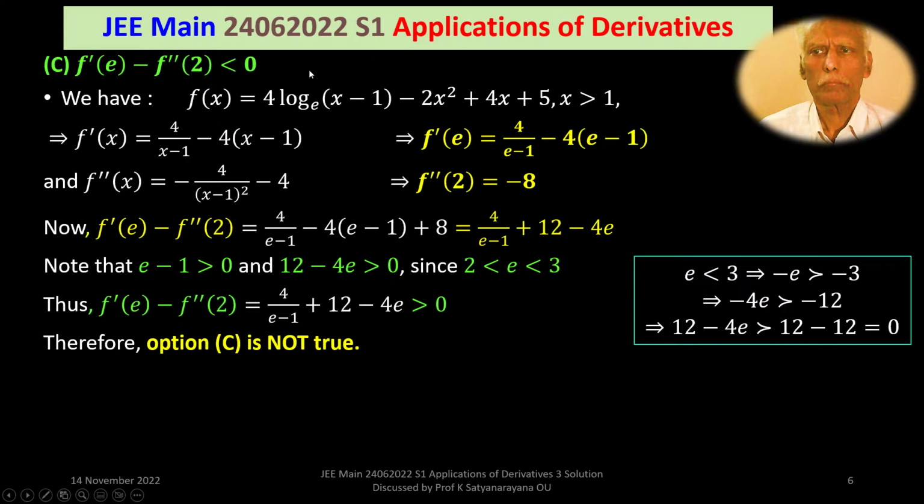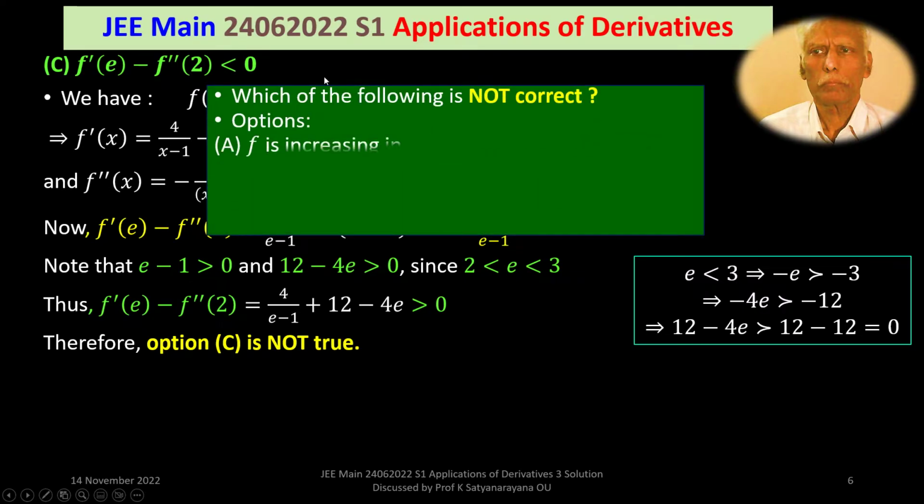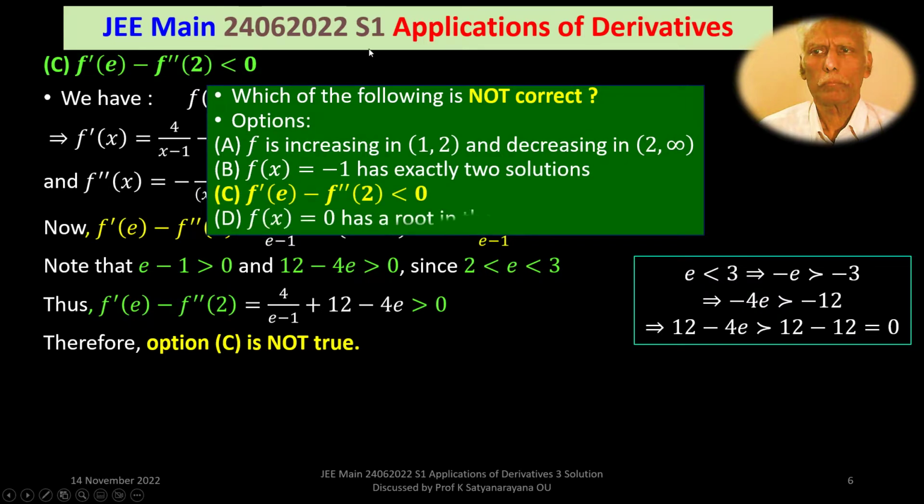So, we have to find out the option which is not true. Those are the 4 options which I have already seen. And option C is the statement which is not true, that is which is not correct. Therefore, our answer to this question is option C, and the problem is over.